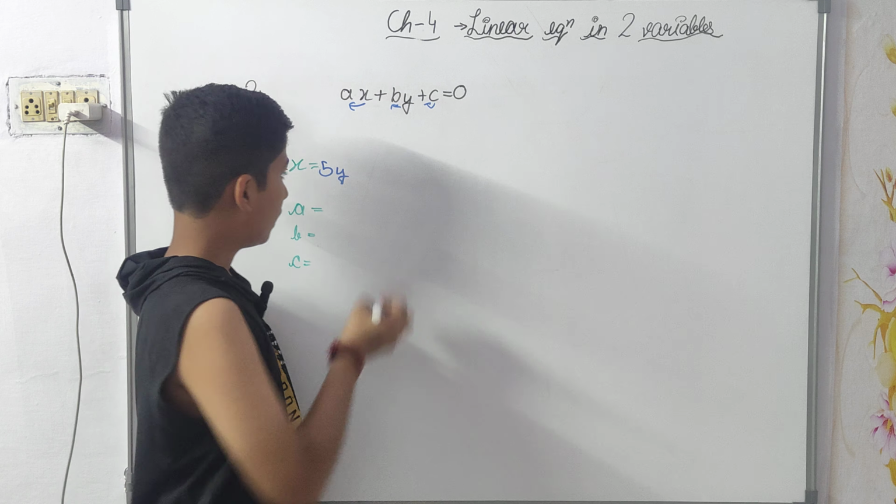We will write it as 2x minus 5y plus 0 equals 0. Now what is the coefficient of x? It's 2. A will be 2, b will be minus 5 and c will be 0.